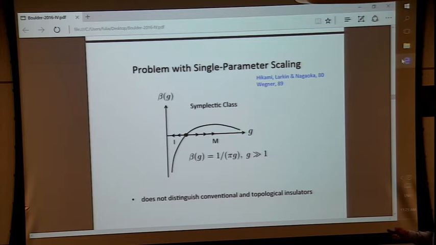This is saying that if we start with a metal at system size L, as we double the system size, the conductance becomes even better. So the conductance increases with system size. Very counterintuitive, but this is correct. As you increase system size, the conductance increases, so we get a metal.